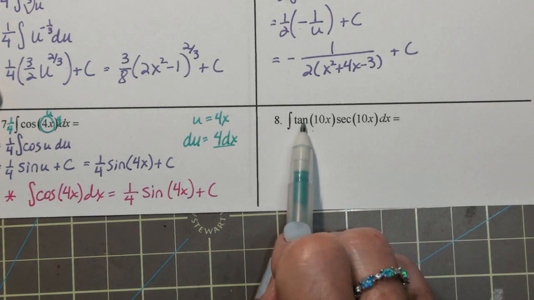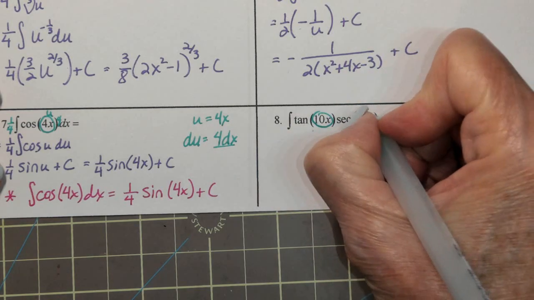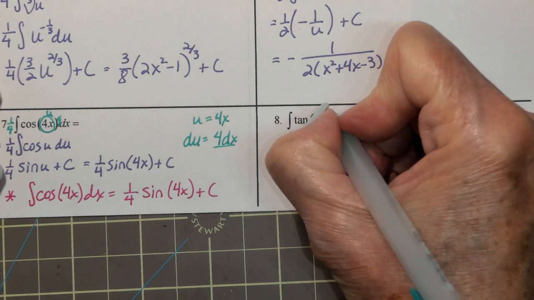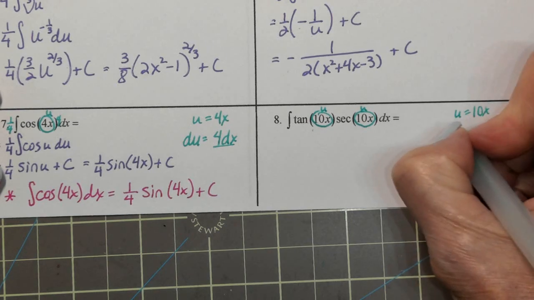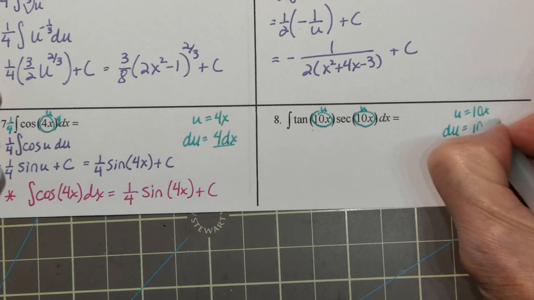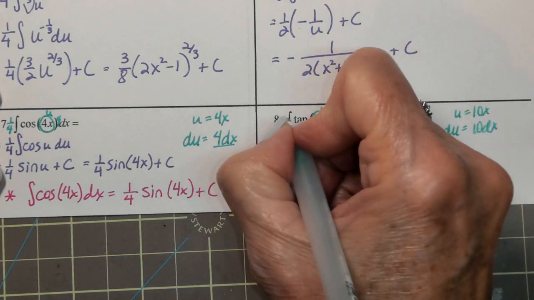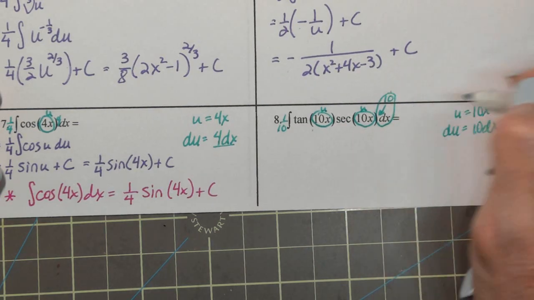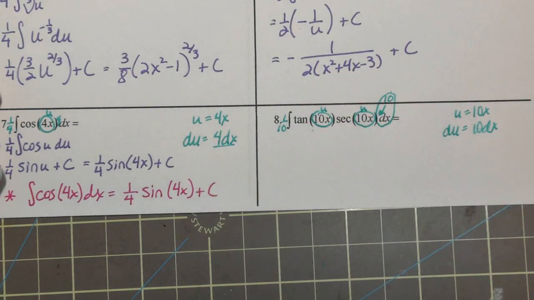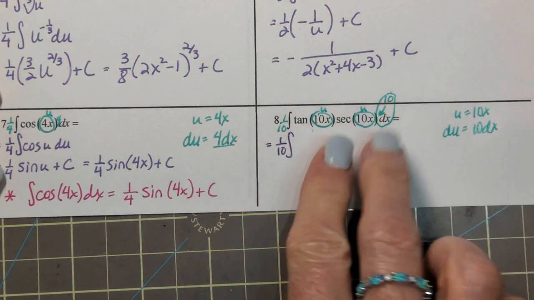This integral, I am going to let u be 10x. U is 10x. So du is 10 dx. So I need to multiply in here a 10 on the outside by 1/10, and now I have a du in the back. So my integral has become 1/10. I'm going to swap these.